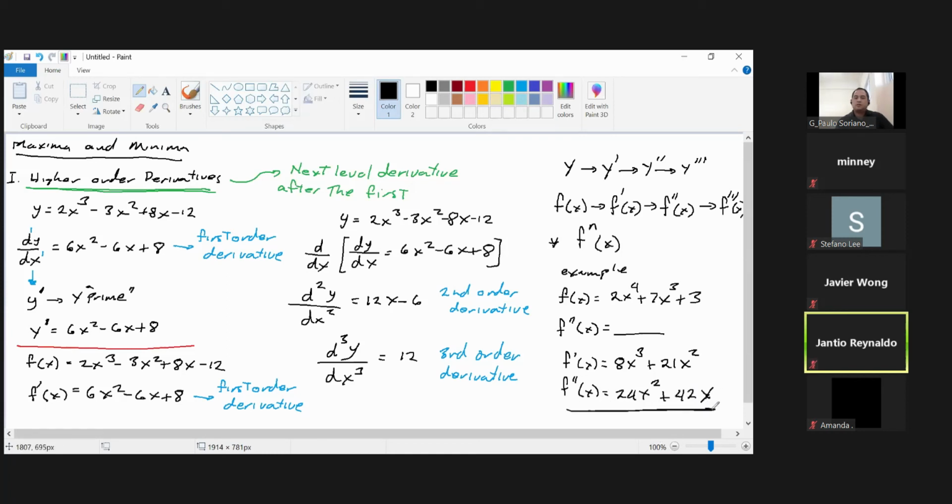Done. Easy, right? Easy to understand. So far, yes. Okay. We will discover the use of it later in connection to maxima and minima. But for now, let's do some practice examples on this.